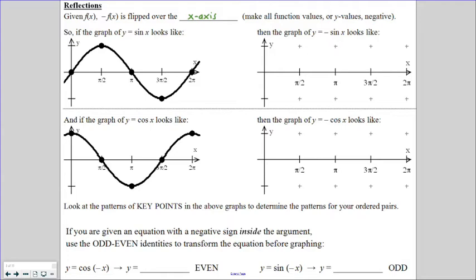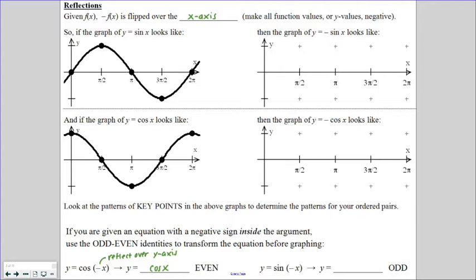So cosine is what we call an even function. Anytime we've got a negative on the inside with x, we can actually pull it out and it goes away. And the reason is that negative on the inside would indicate a reflection over the y-axis. But if we look at the graph of cosine right above, the graph of cosine is symmetrical with respect to the y-axis. So if we were to flip the graph of cosine over the y-axis, it would be exactly the same.